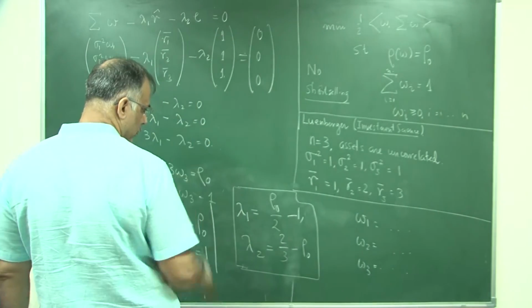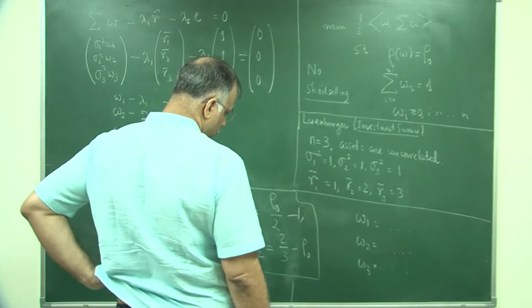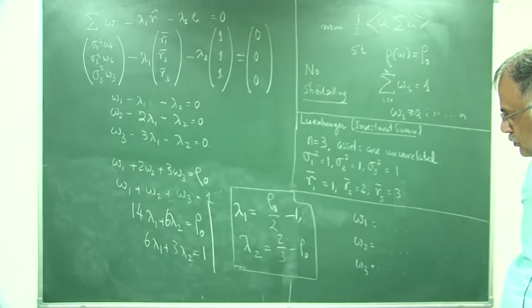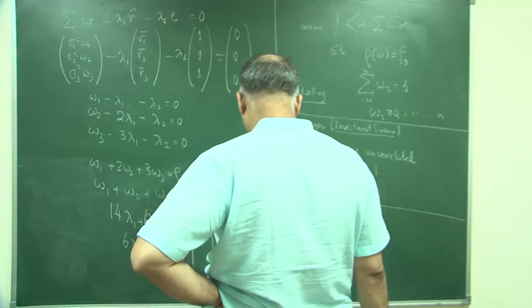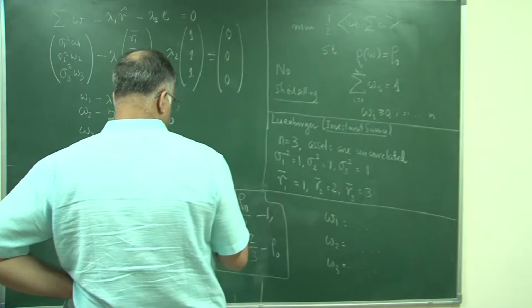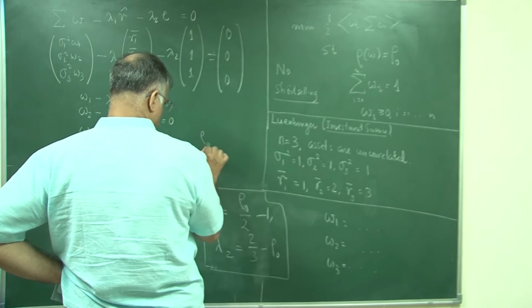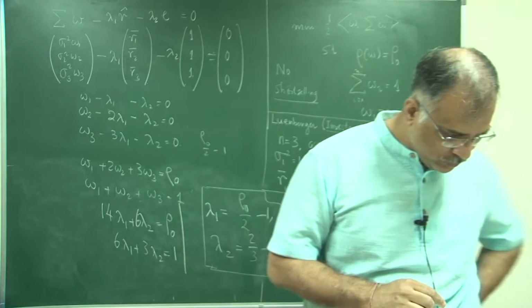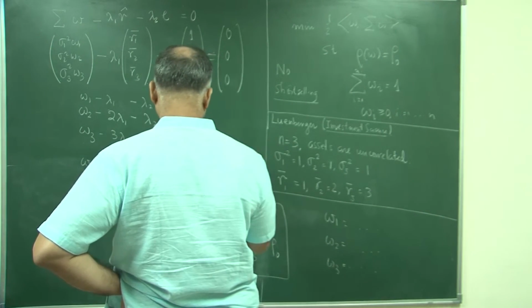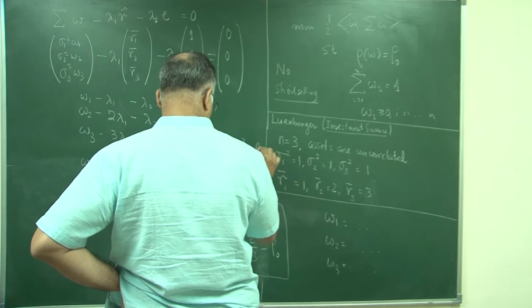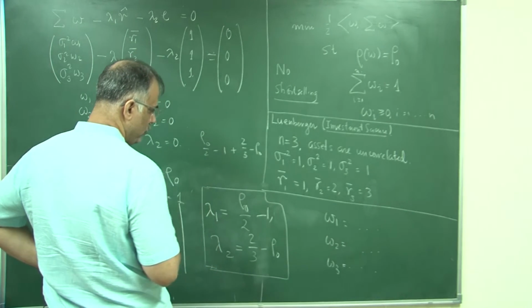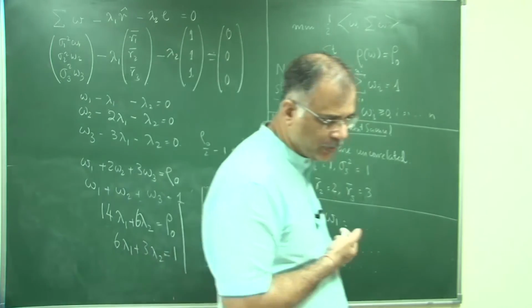W1 is lambda 1 plus lambda 2, which would be lambda 1 plus lambda 2. So it should become rho 0 2 rho 0 2 minus 1 plus 2/3 minus rho 0. Wait, okay. You see, this is what's coming.